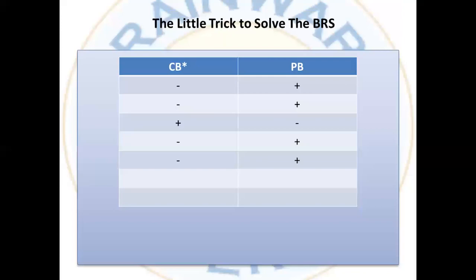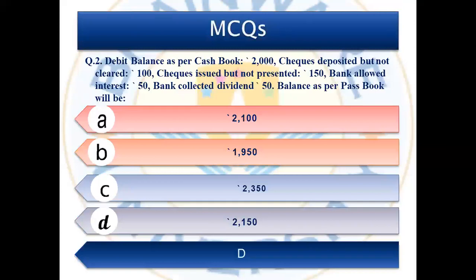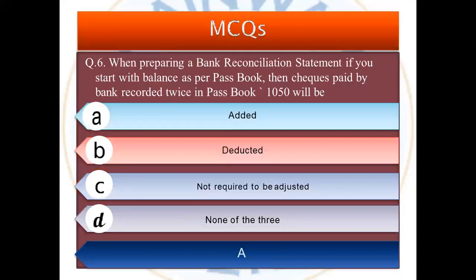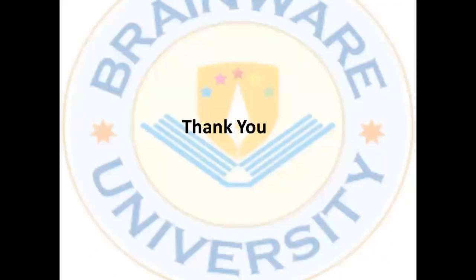Then according to this format, you solve the problem. Then show me in my next doubt clearing class, and go through these MCQs. Then I will ask you the logic behind the answers. So that's your assignment. So hope you've understood BRS a bit.